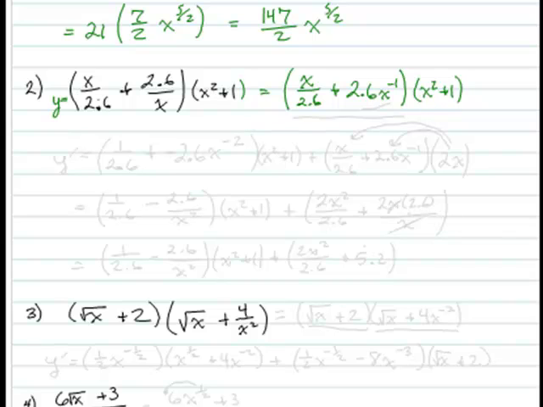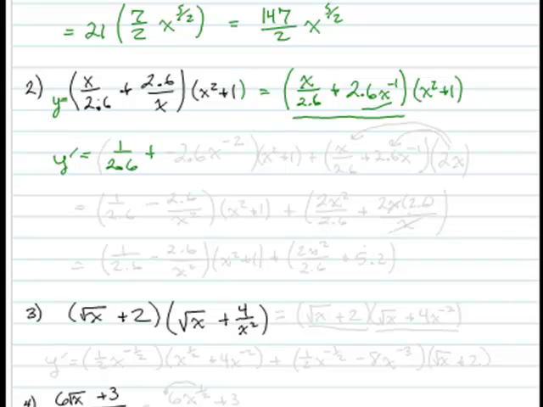So we're going to have y prime equals, let's take the derivative of the first part. So the derivative of x over 2.6 is just 1 over 2.6 because it's linear. Derivative of x is 1, and we have to keep the constant. Now, plus, first thing we'll do, we got a power rule for the second part.